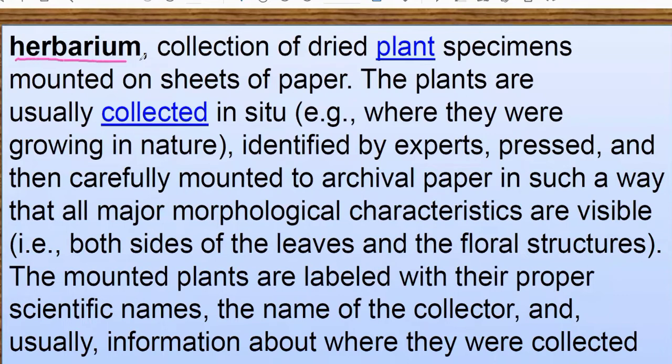Herbarium is the collection of dried plant specimens mounted on sheets of paper. Now, we take plants, baby plants or plant parts like stem and branches along with flowers.